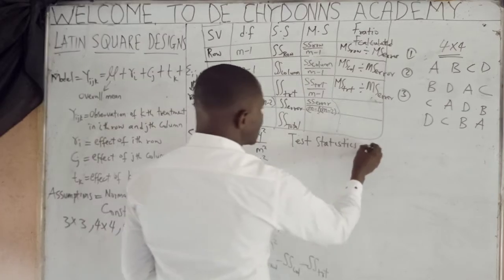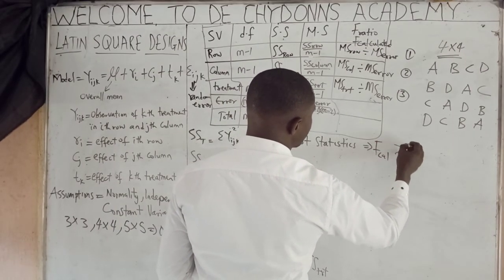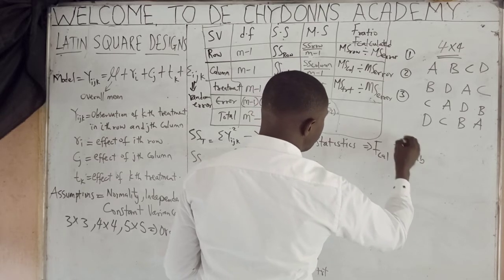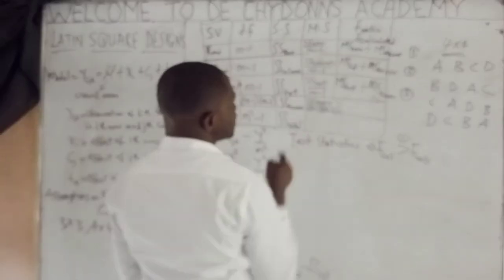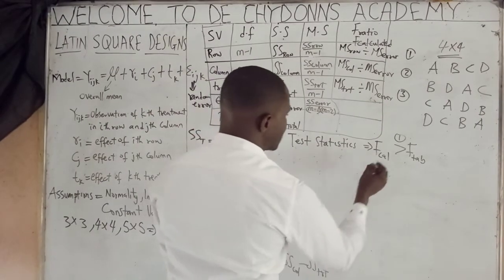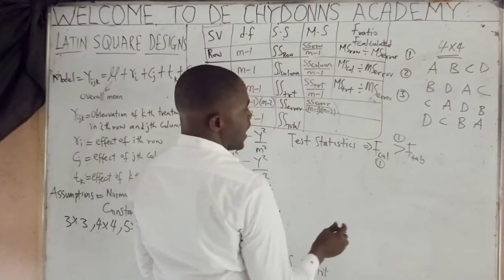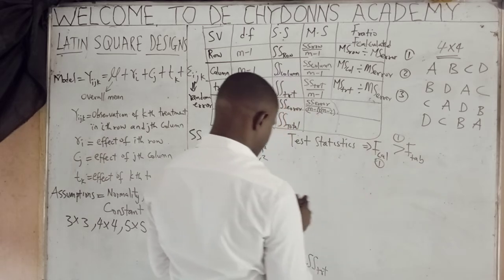Then your test statistics is equal to F calculated. You ask, are you greater than F tab for the first result? The first result, MS row divided by MS error, will be giving you F calculated 1. Then F tab.